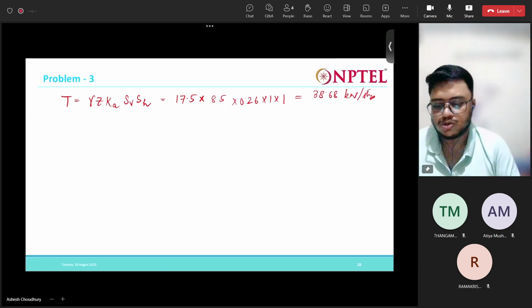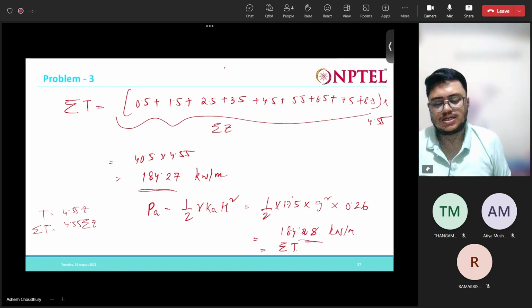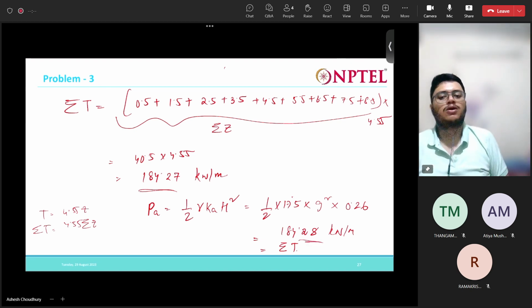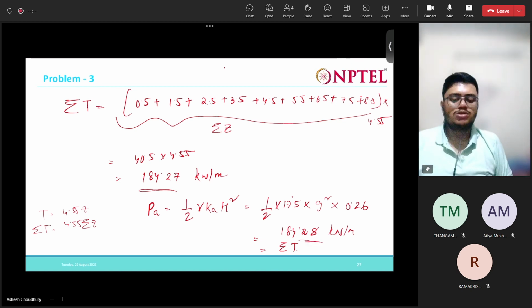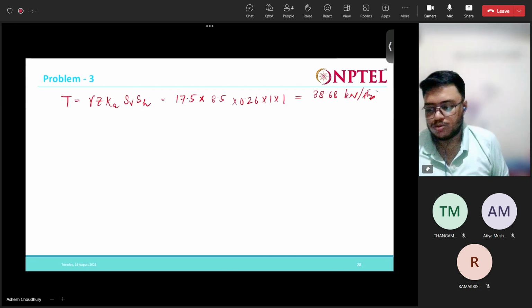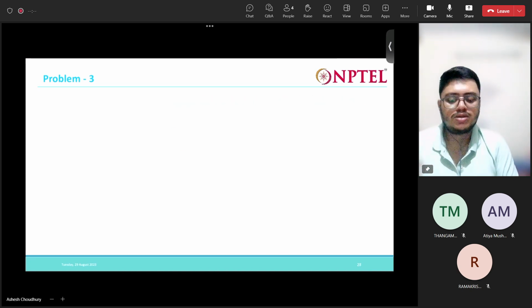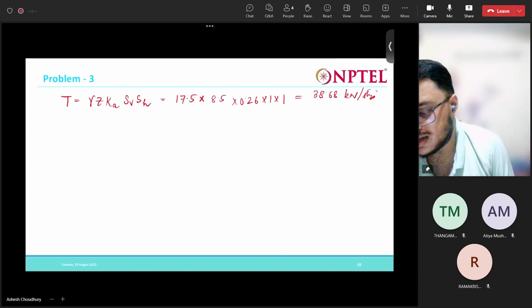So that is bottommost. So out of this total tensile load that is distributed among all the strips, the bottommost strip takes 38.68 kilonewton out of this 184 kilonewton.